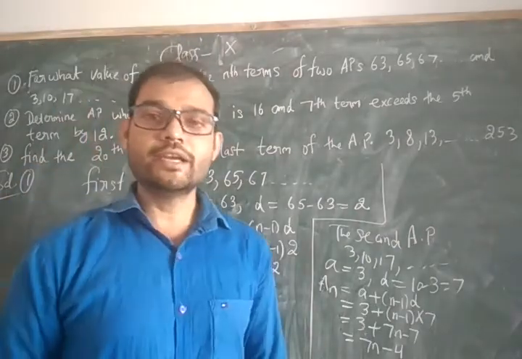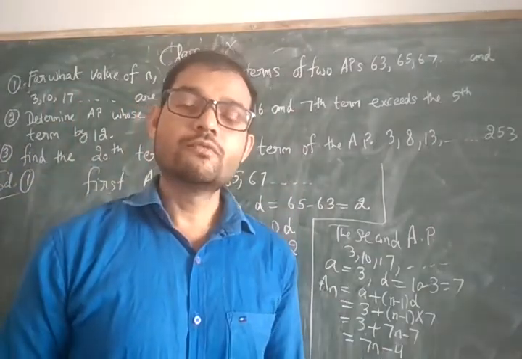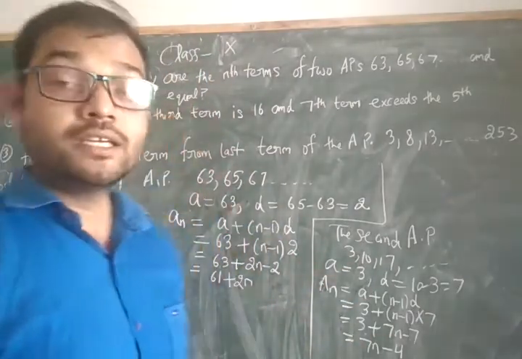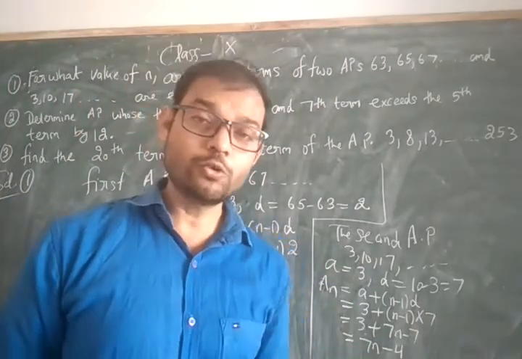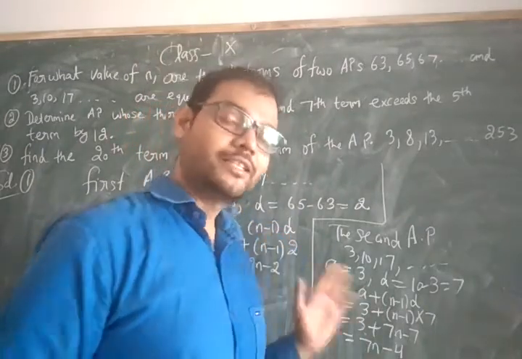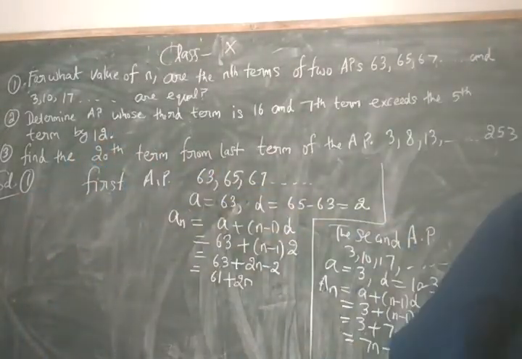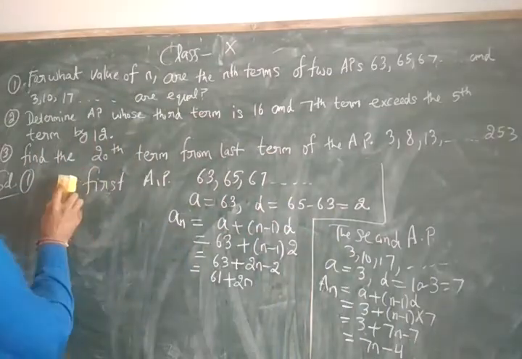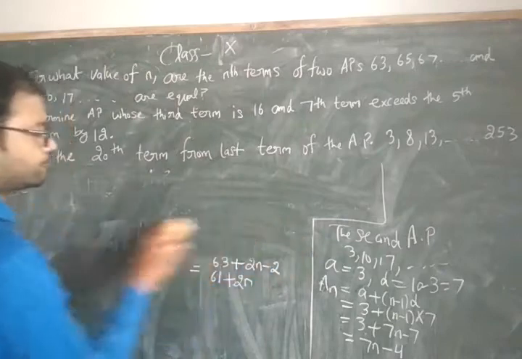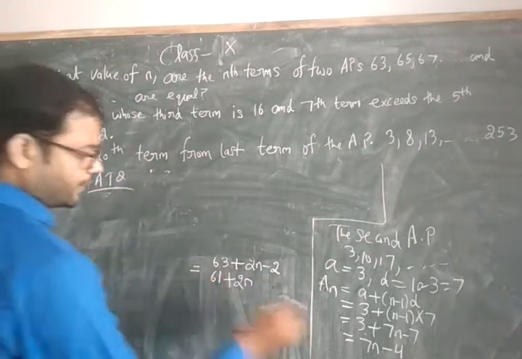Now let's find the term according to the question, which are equal. In the question it is written that both the nth terms are equal. So according to the question, we will make both the nth terms equal.